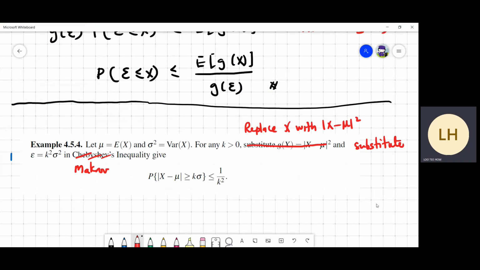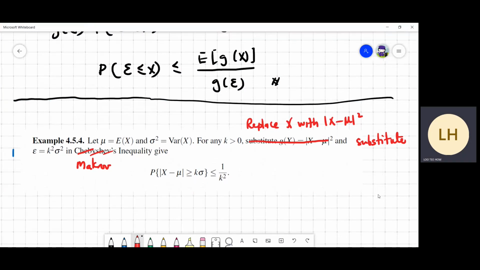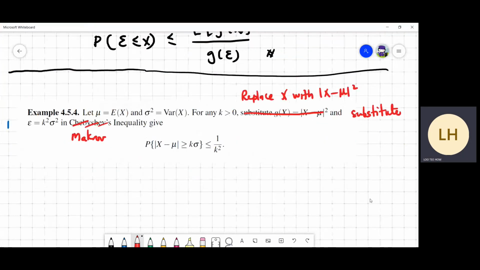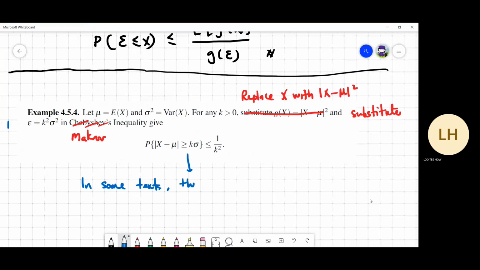Since this is just one of the special cases of Markov inequality, in some textbooks this is also known as Markov inequality.